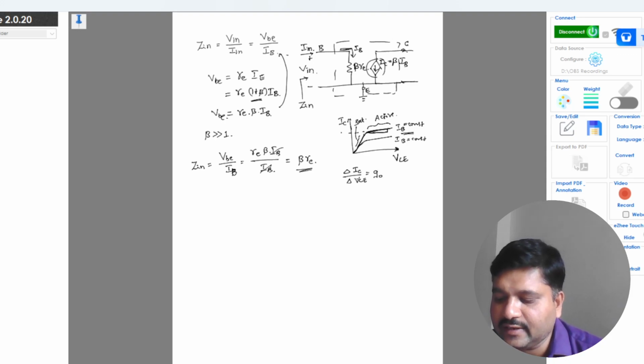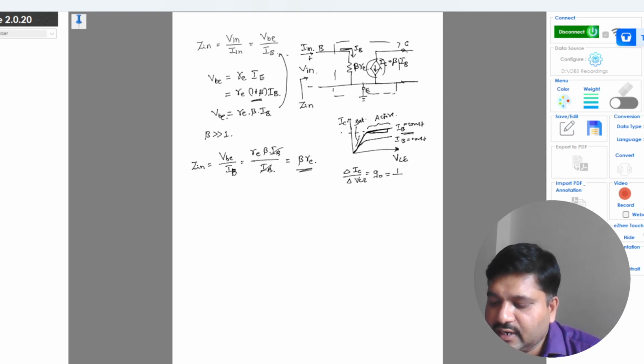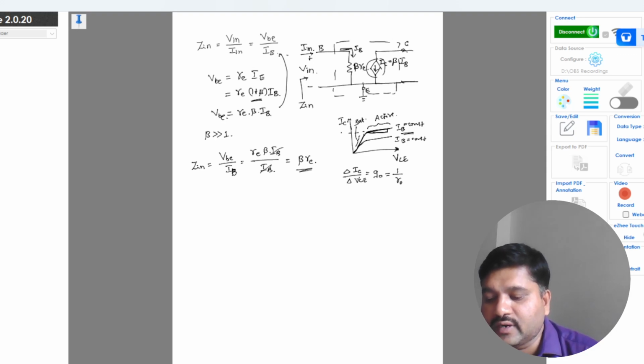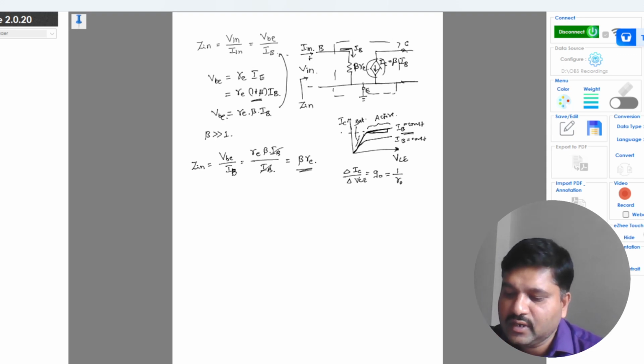If it is a straight line, the output conductance will be 0. If I take the inverse of this output conductance, I will get output resistance, and the inverse of this 0 will be infinite. 1 upon 0 is infinite. Okay, so that is what I am representing here as an output resistance R0.